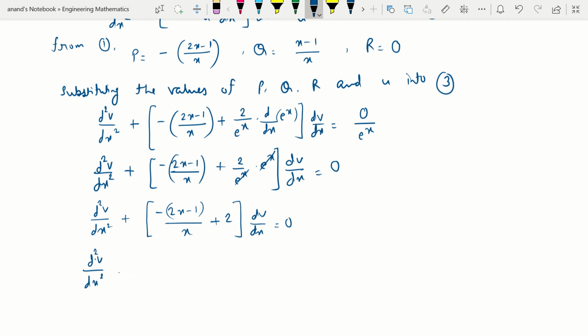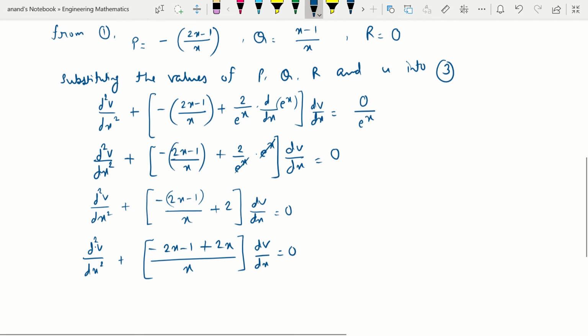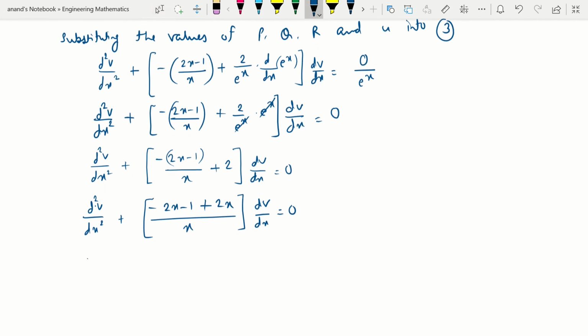On solving we get (minus 2x plus 1 plus 2x) upon x multiplied with dv by dx equals 0. So here we get d2v by dx2 minus 1 upon x dv by dx equals 0.